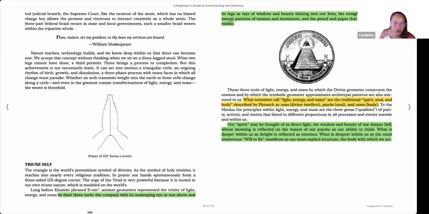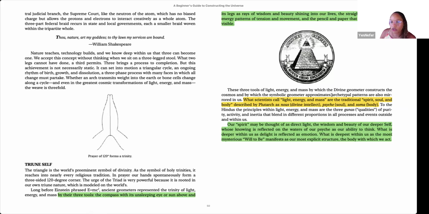We have the 3 tools. All right. So we can represent the trinity of light with the 3 tools: the compass, the straight edge, and the pencil and paper. And we use those three tools of light, energy, and mass to construct the cosmos, by which the symbolic geometer, which is like us, right?